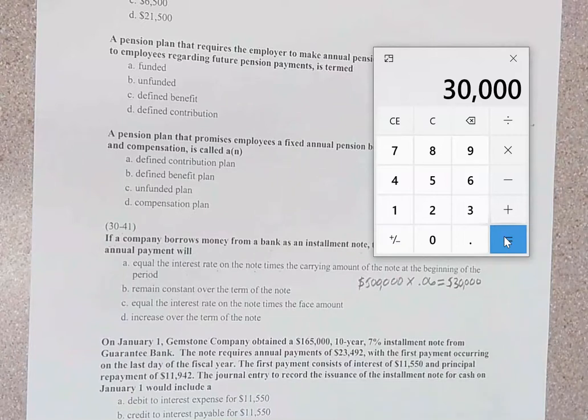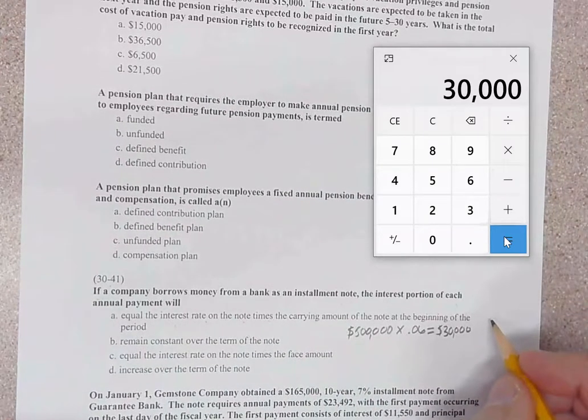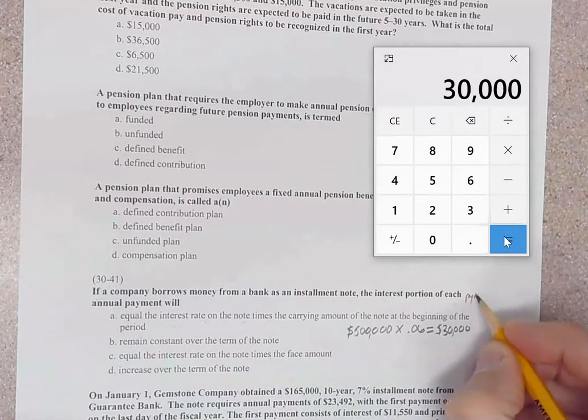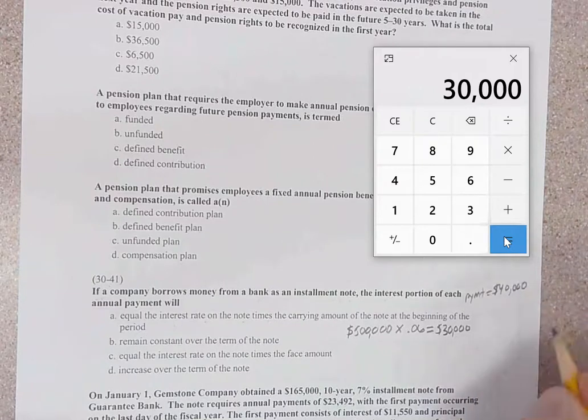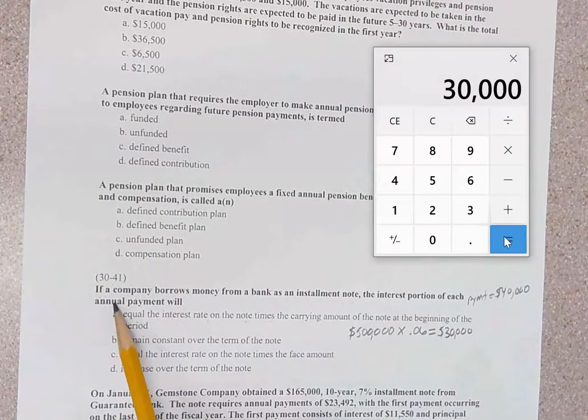Now what we do not have here is an amount of the actual payment. So we're just going to make this up out of the clear blue sky, and say that the payment equals $40,000. They're making a $40,000 payment once a year because it says annual.